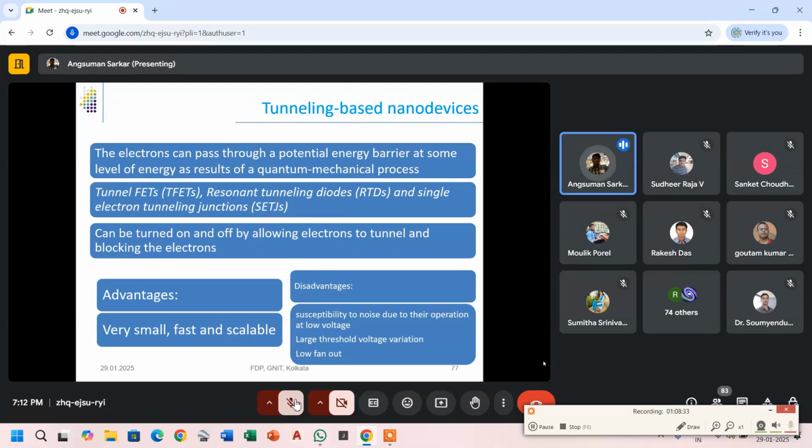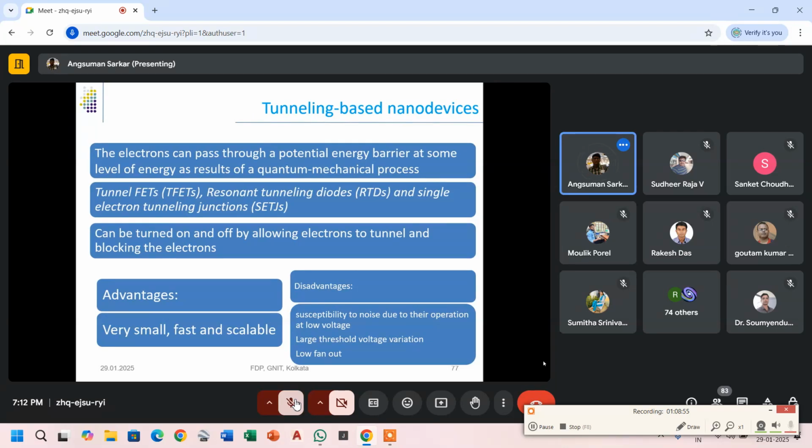Normally the electron cannot pass a potential barrier, but according to quantum mechanics, if the barrier height is low and the width of the barrier is small, then the electron can pass through the barrier due to its wave function.